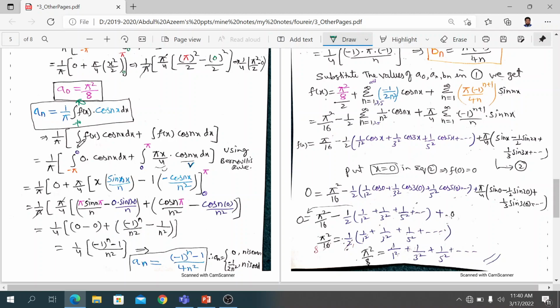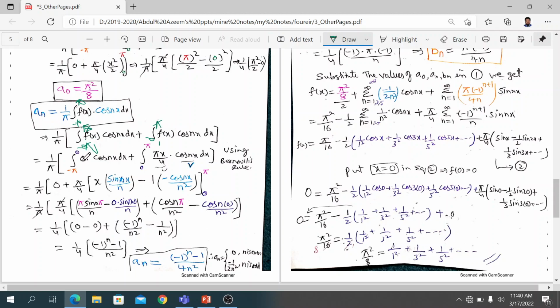I am writing minus pi to pi as minus pi to 0 and 0 to pi.